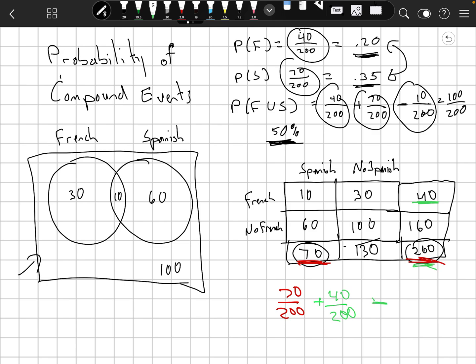Minus this guy right here, and I'm going to do him in yellow, minus that guy right there, 10 out of 200, because this is the guy that was counted for both. You can see that he's called a joint frequency. He's counted for both the Spanish and the French, so we don't want to count him twice. We have to take him out for once. So we end up with the same thing in this table here.